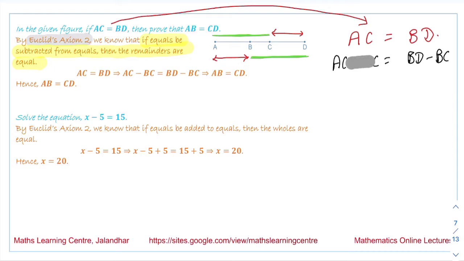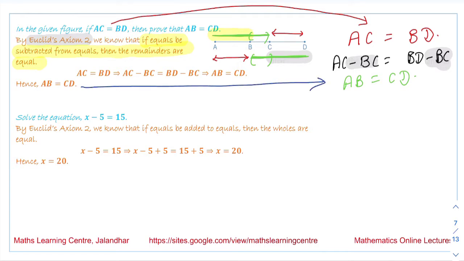The answer we are left with is AB is equal to CD. From this side we have subtracted the BC part, from this side we have subtracted the BC part. What we are left with here is AB, and here it is CD, and this is what we have to prove.